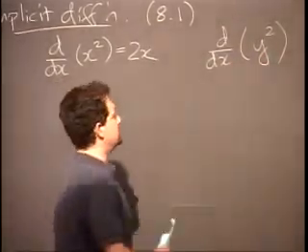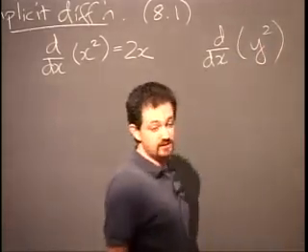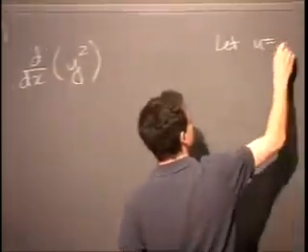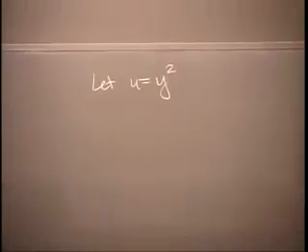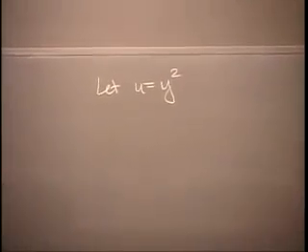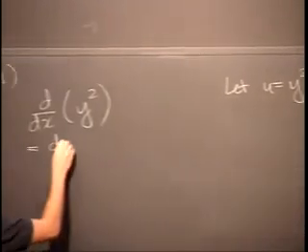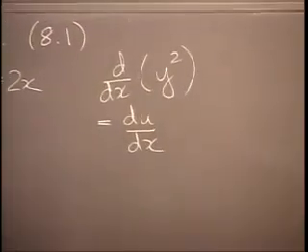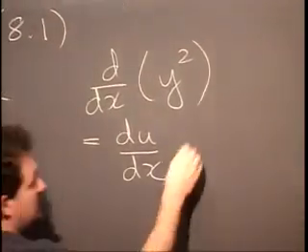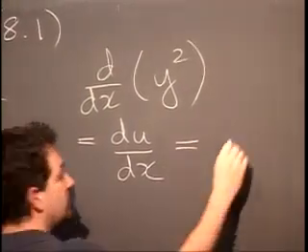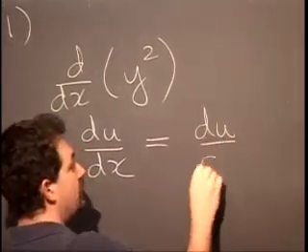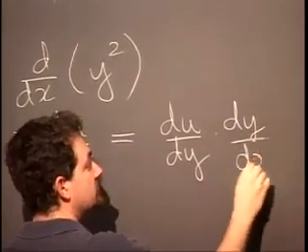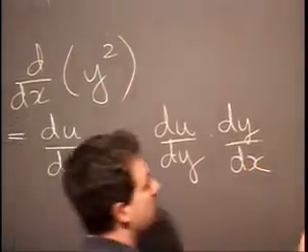And it will turn out, well, actually, let's not even say turn out, we'll just do it. Let u equal y squared. So this is actually equal to du dx, because after all, u is y squared. Now by the chain rule, in slightly different letters, this is the same as du dy dy dx. So there's the chain rule. Of course, we can come over here.